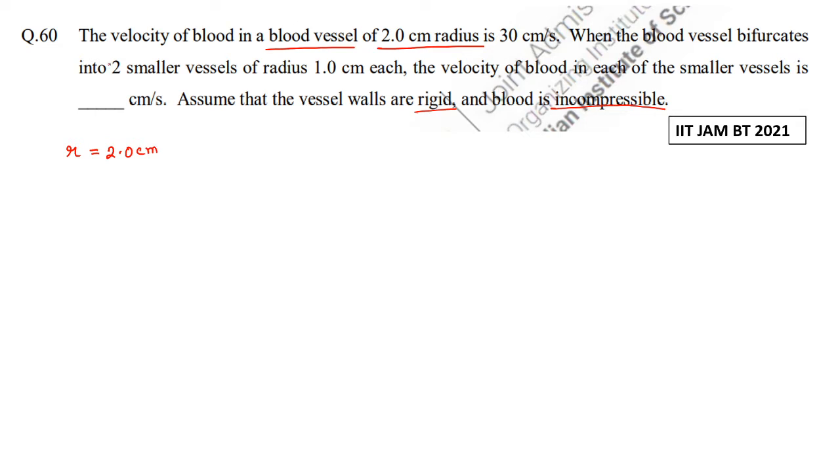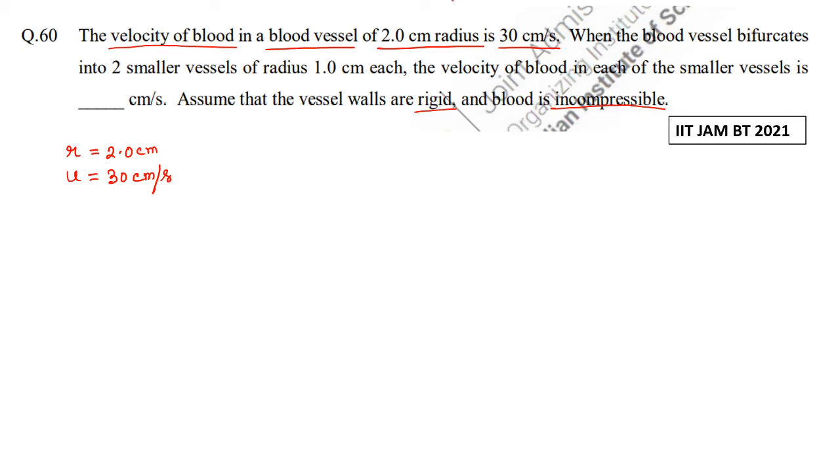And the velocity of blood is given as 30 centimeter per second. Let us take the velocity of blood as u. So u equals 30 centimeter per second. Now you may wonder why I am taking it as u. You can understand it later.